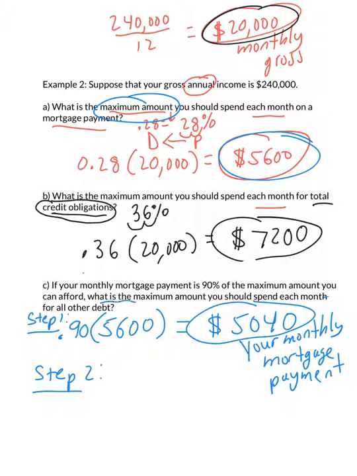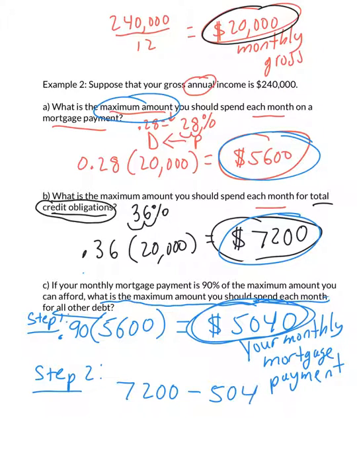So it says, what's the maximum amount you should spend each month for all other debt? Well, we already said in Part B that for all of our debt, our total credit obligations, we should be spending $7,200. However, in step 1, we already found out that we're spending $5,040 of that on a house, on a mortgage.